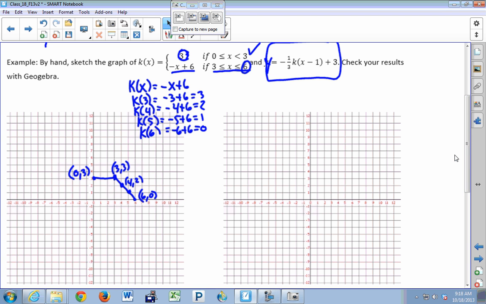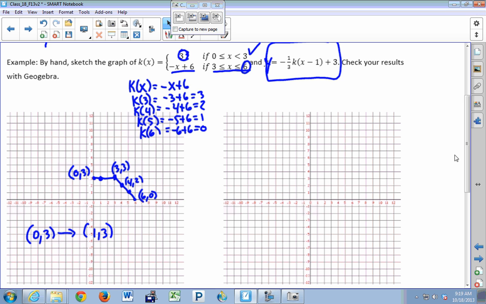So we're going to shift everything. So literally, think about picking this up and just shifting it to the right 1. So instead of 0, 3, what will your new point be if you just move it to the right 1 unit? 1, 3. You're just going to add 1 to all your x values. So basically, 0, 3 will become 1, 3.